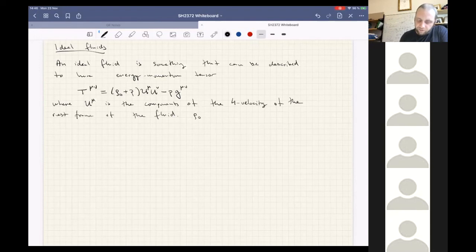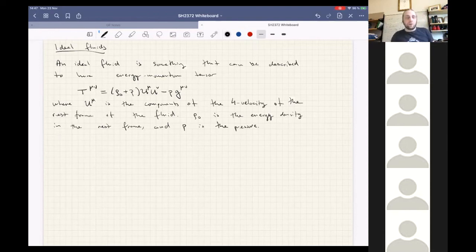Rho zero is the energy density in this rest frame, and p is the pressure. So an ideal fluid is something that can be described by these three things: the rest frame of the fluid, an energy density in that rest frame, and a pressure in that rest frame.